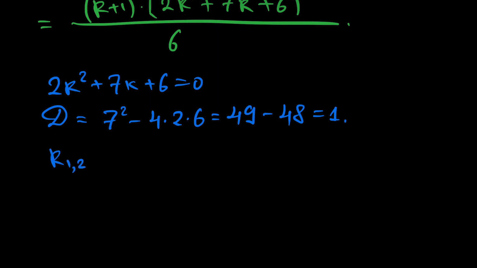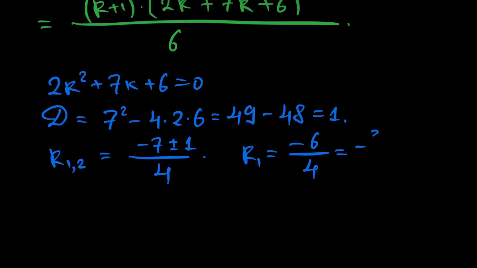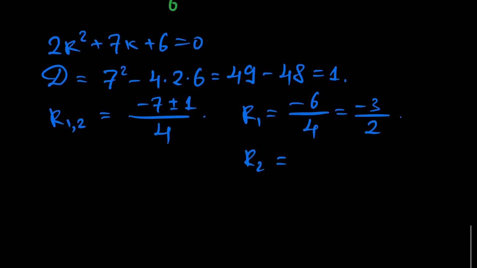And that's why the roots of this quadratic equation, k1 and k2, are equal to minus 7 plus minus 1 divided by 4, or k1 is equal to minus 6 divided by 4, which is minus 3 divided by 2, and k2 is minus 2.